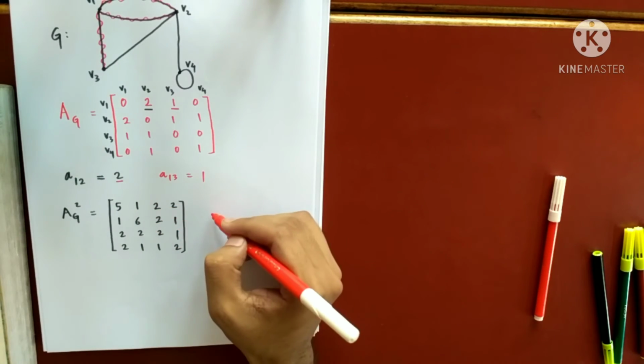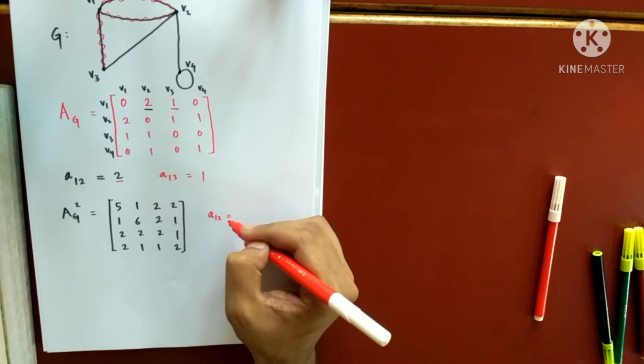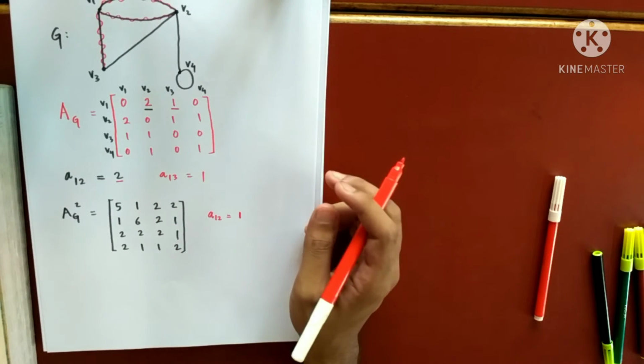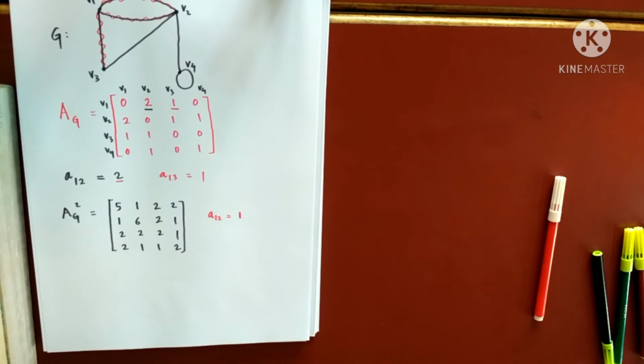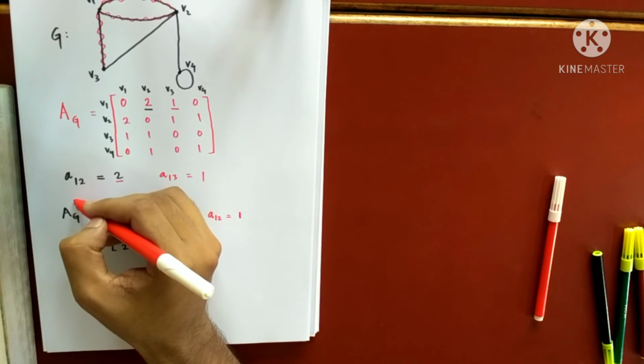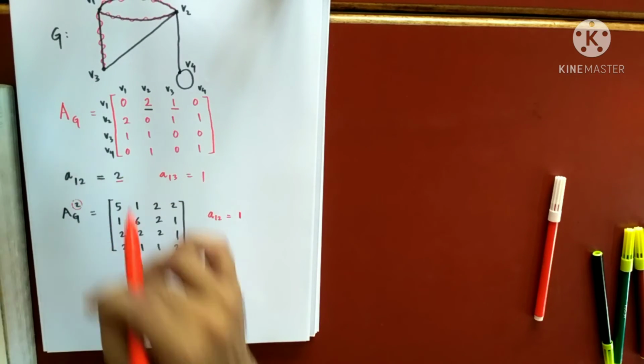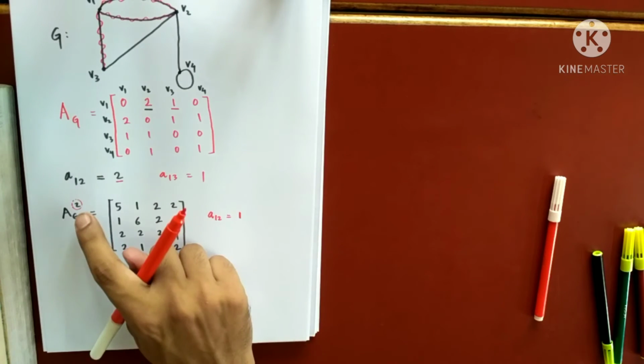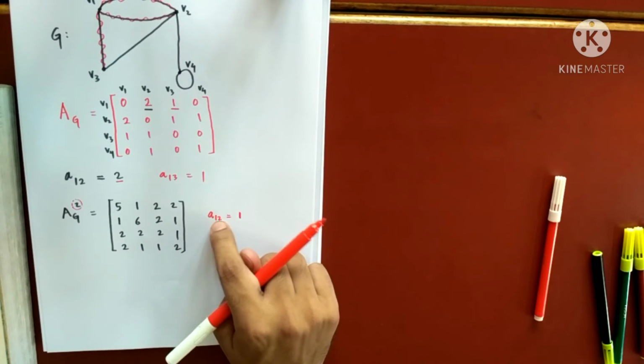So here the entry A12 is 1. That means there is exactly one walk of length 2 from the first vertex to the second vertex.